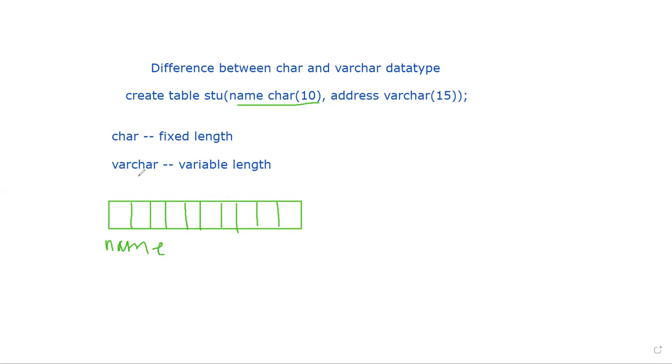Now when we talk about variable length, it means this time the length will be determined on the basis of the value we are going to store in the address. What is the meaning of this? Suppose when I insert a value, I store here Ron.